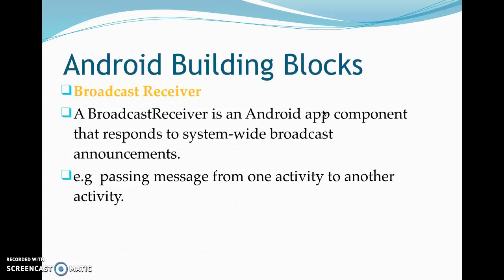If we register for this event of internet connection available or not available, then using the broadcast receiver component of Android, we will be able to catch that event, and so we will be aware of the internet connectivity, and we can handle it based on our own app requirement.